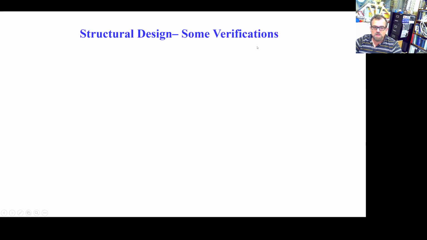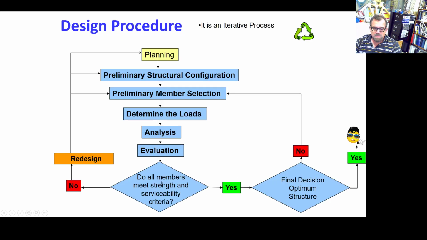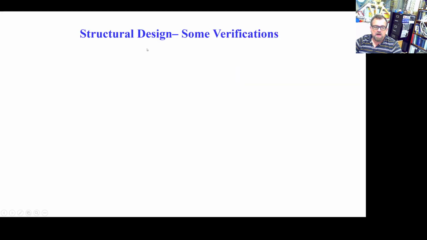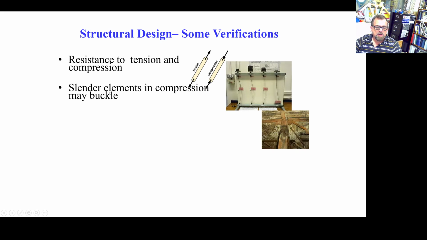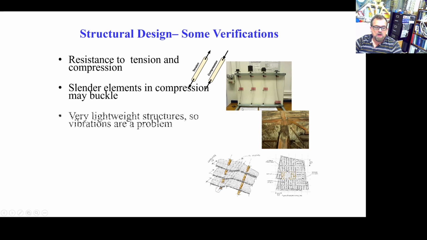Okay, what it says here: serviceability, strength, criteria to meet the parameters. So some of the parameters that you have to create and check are what? Tension and compression. You know that, right? You have to verify tension and compression. You have to be careful because slender members in compression may buckle, or will probably buckle, and if they buckle they become unstable. The strength is sufficient, but the instability might just make the structure collapse.